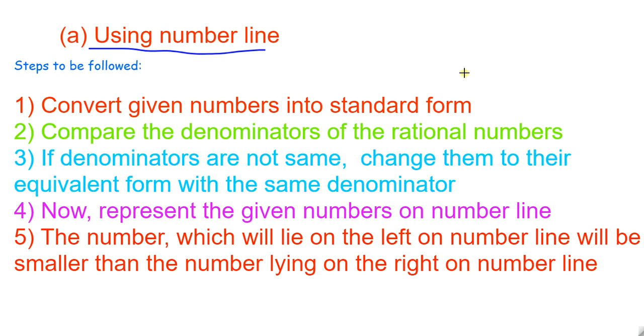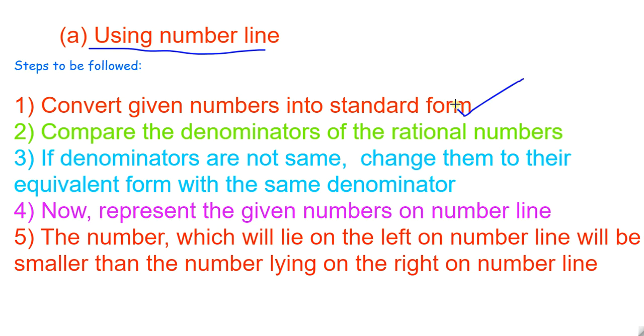If I want to use the number line method to compare them, I will convert the given rational numbers into standard form. Now we need to recall what is the standard form of rational numbers. If you recall, the standard form of rational numbers says the denominator should be positive and the given rational number should be in its lowest form.